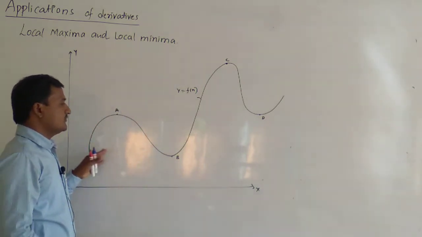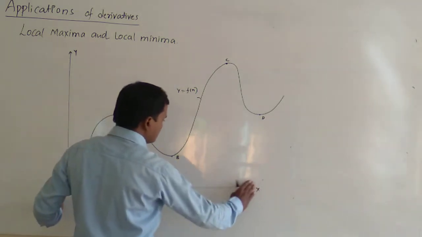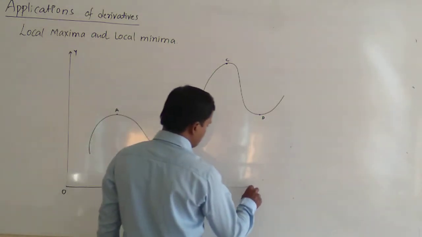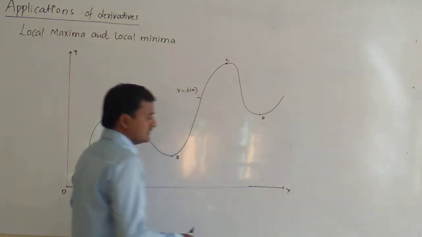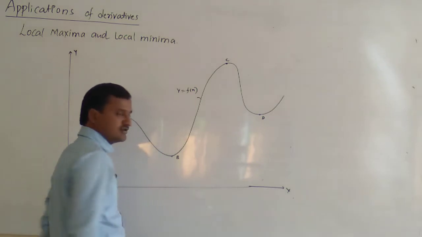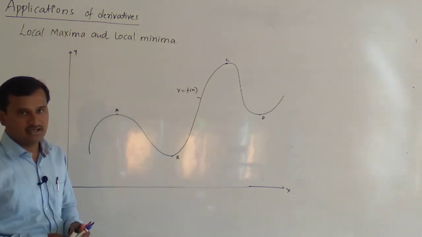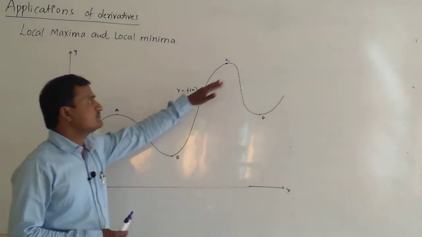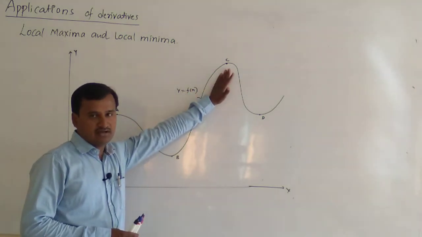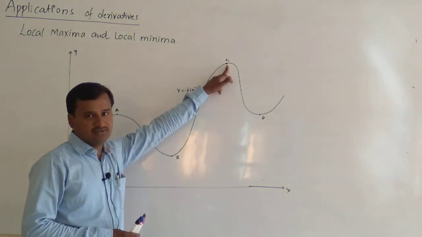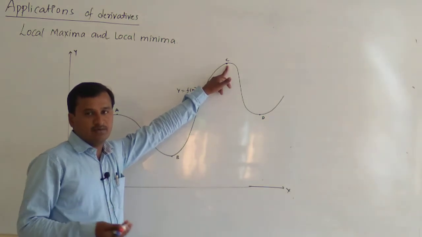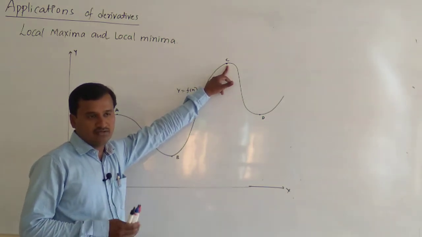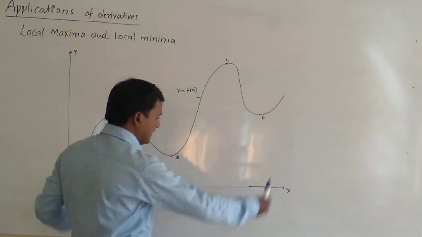Now if you take the total interval for the function y is equal to f of x, we have the maximum value of this function at C. This gives the maximum value of the function over the total interval.